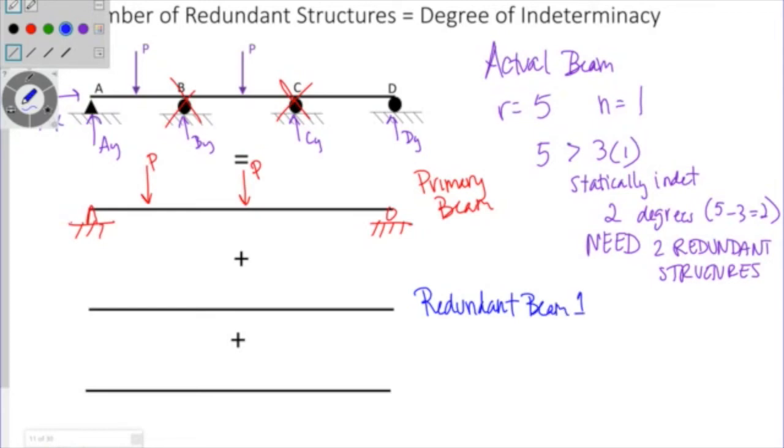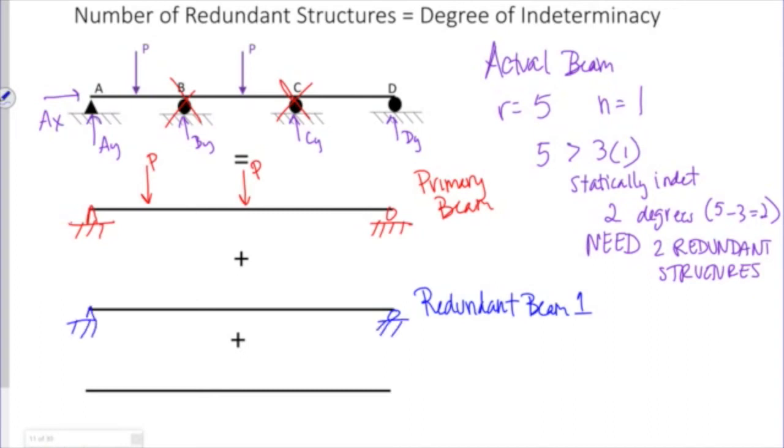Redundant beam 1 has the same supports as the primary beam. It's simply supported, but I'm applying a load BY where I took out that BY in the initial actual beam. And I have to have a second beam.